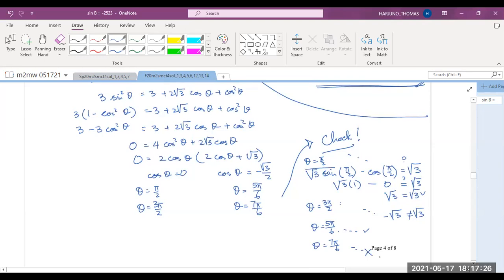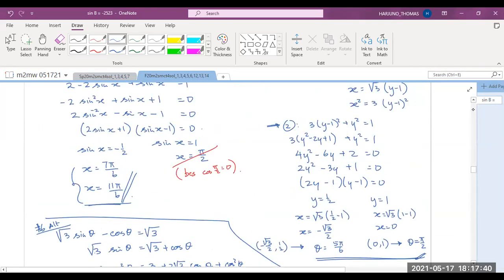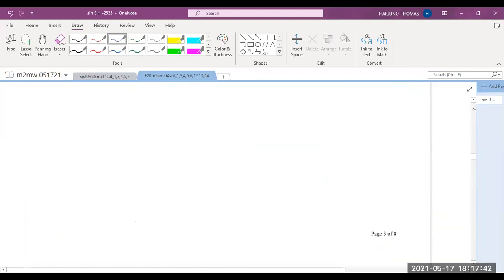But you need to show the check. That's why I don't like this method. I try to avoid squaring both sides with cosines because I have multiple solutions, and those multiple solutions I need to check one by one.